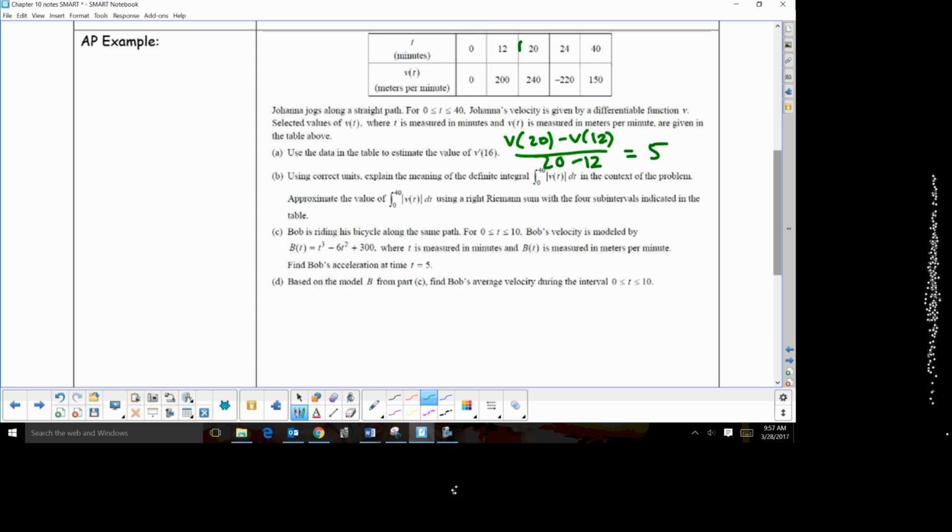Full credit. What if I wrote this? It didn't tell me I had to. Full credit? Do I have to put equals 5? No. But you see the difference between this and this. This still has functions. This has all numerical.